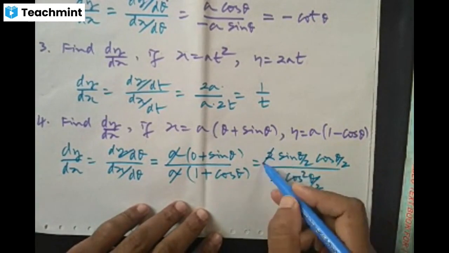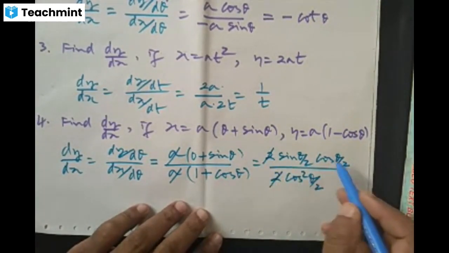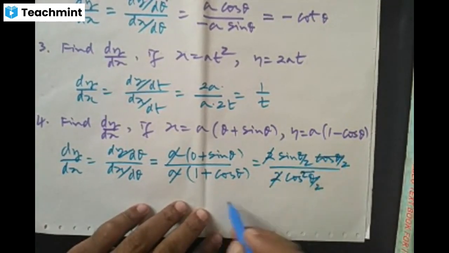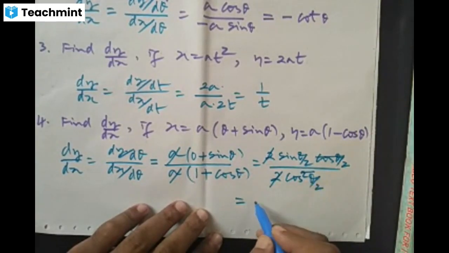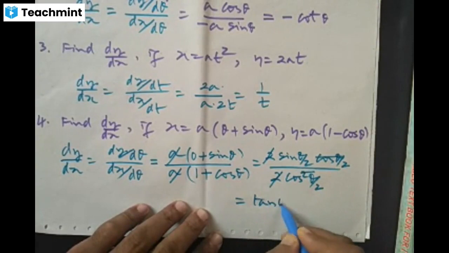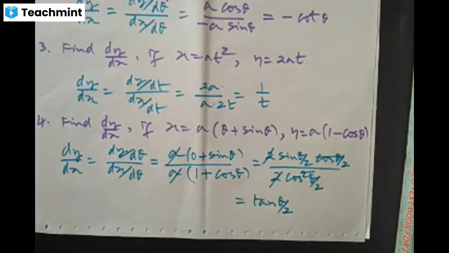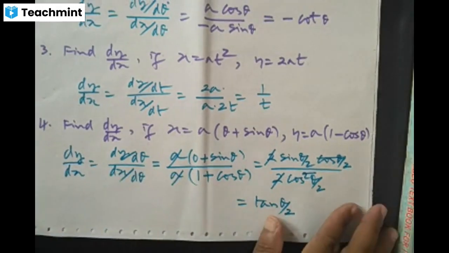After simplification, I can cancel 2 and 2, and cos theta by 2 with cos theta by 2. So dy by dx is sin theta by 2 by cos theta by 2, that is tan theta by 2. Okay. So dy by dx is tan theta by 2, right? Next one.